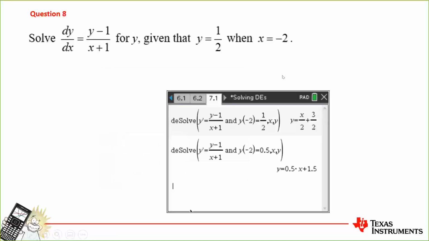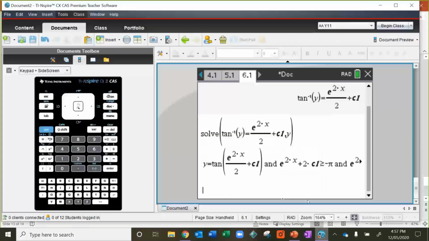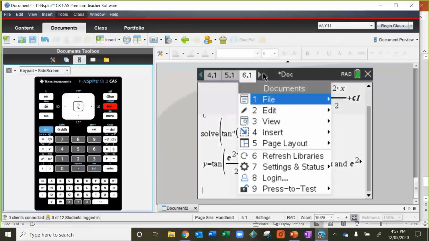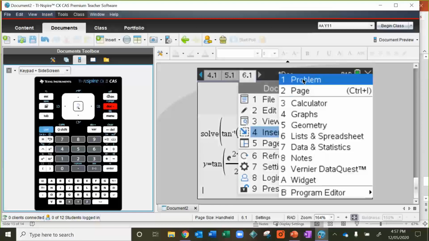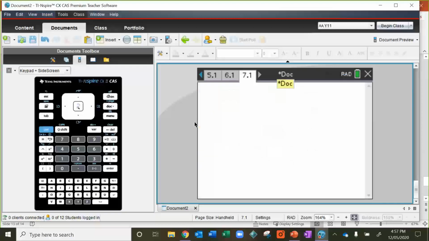And another example with initial conditions when we have separation of variables. So let's try this one. New problem, calculator. And again, we use the solve, and we are up to question 8.